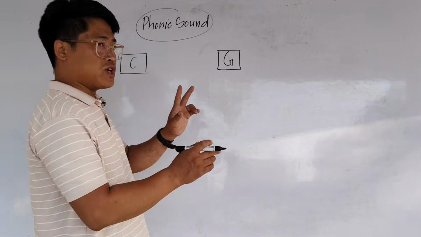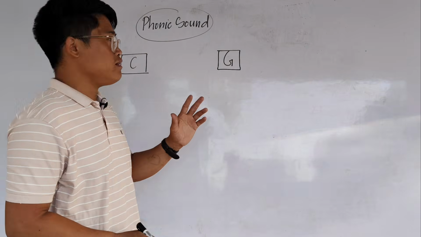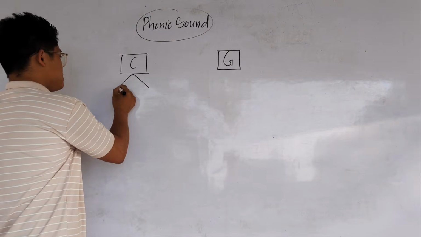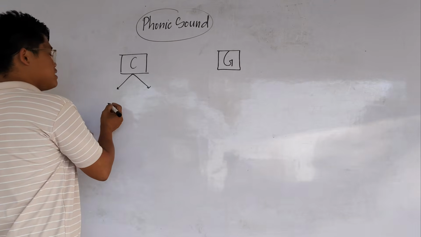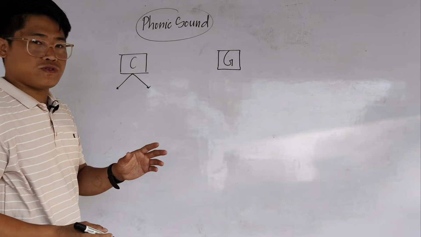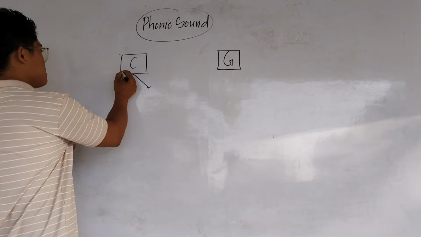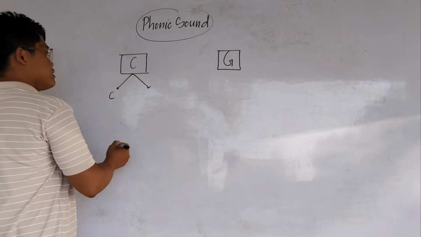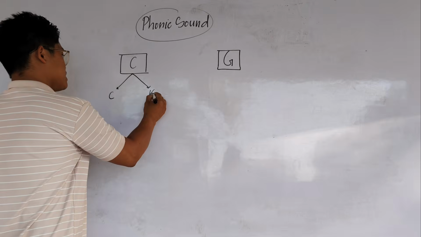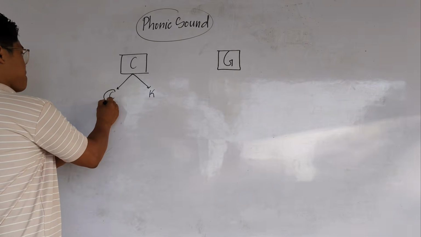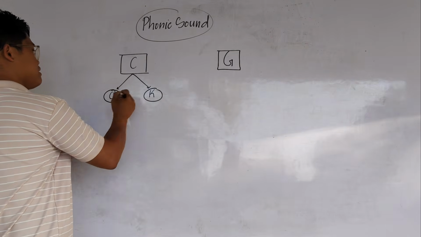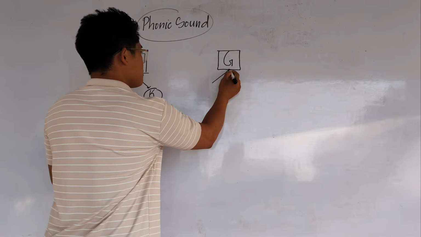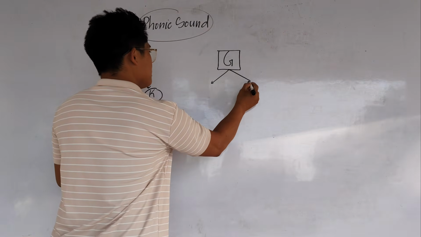The sound changes here. Let me tell you that C has two sounds. The first one is C itself, another one is K. And G also has two sounds.